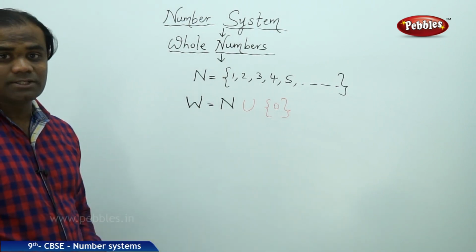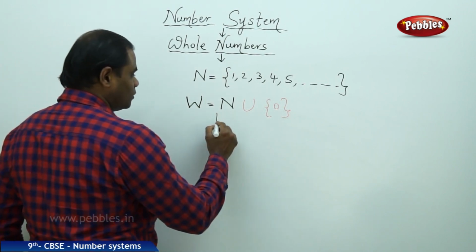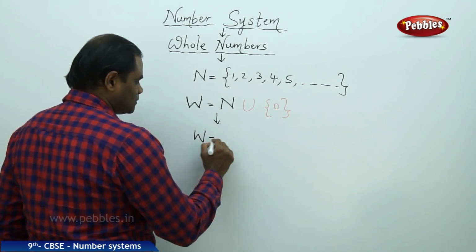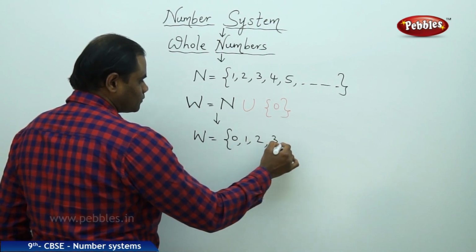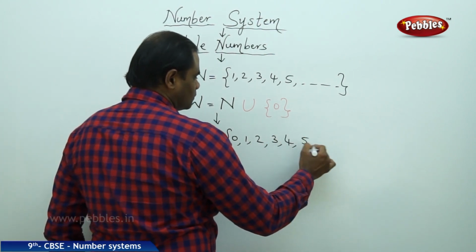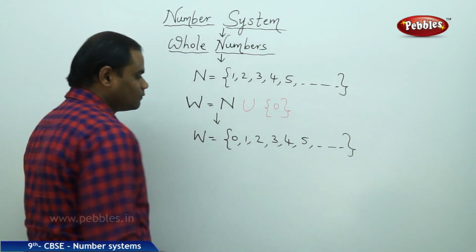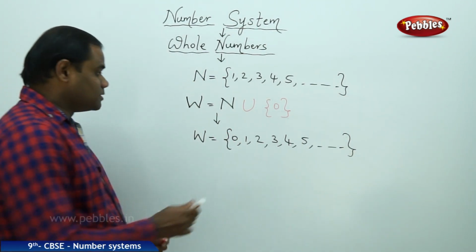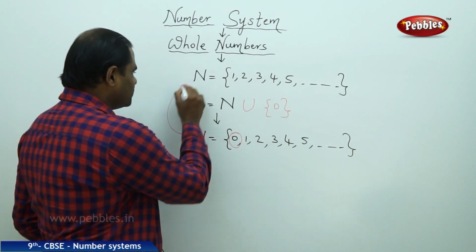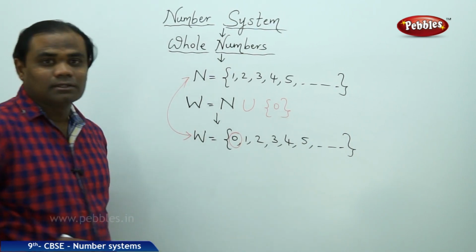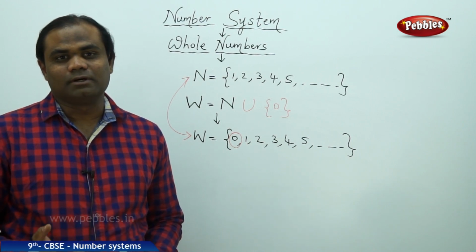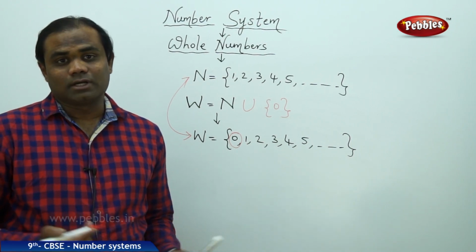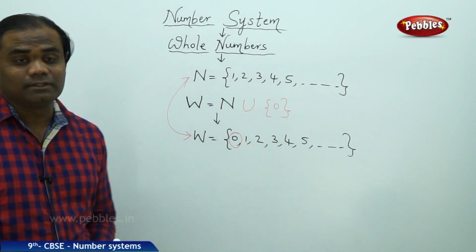So with this we understand that the set of whole numbers is 0, 1, 2, 3, 4, 5, with the only additional difference being 0 between the natural numbers and the whole numbers. 0 along with a natural number is a whole number, is how we identify it through words.